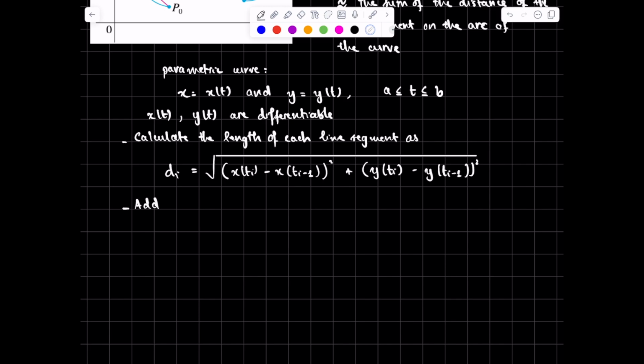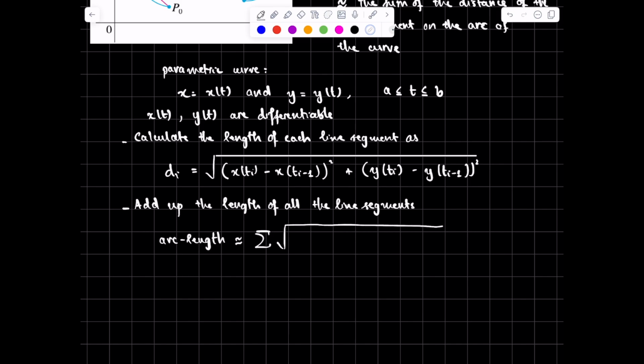So the arc length is approximately equal to the summation of the square root of x of t sub i minus x of t sub i minus 1, squared, plus y of t sub i minus y of t sub i minus 1, squared, for i going from 1 to n.